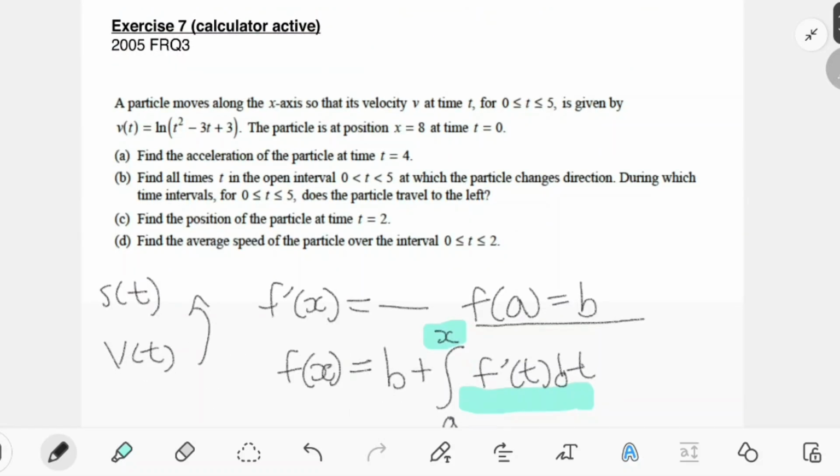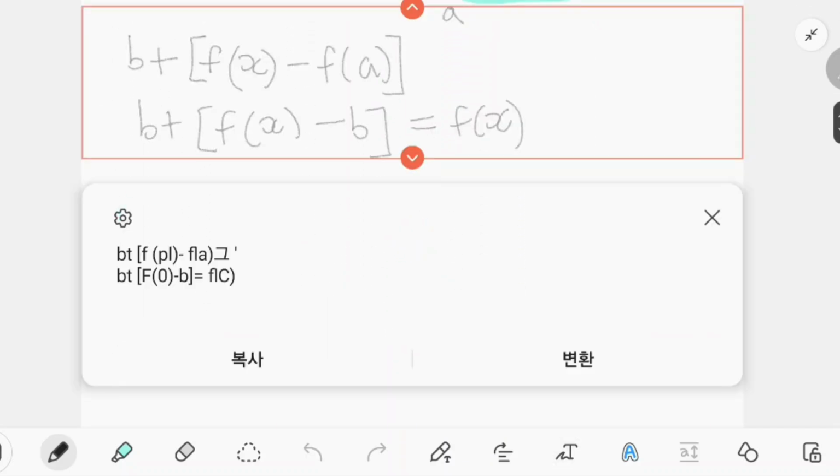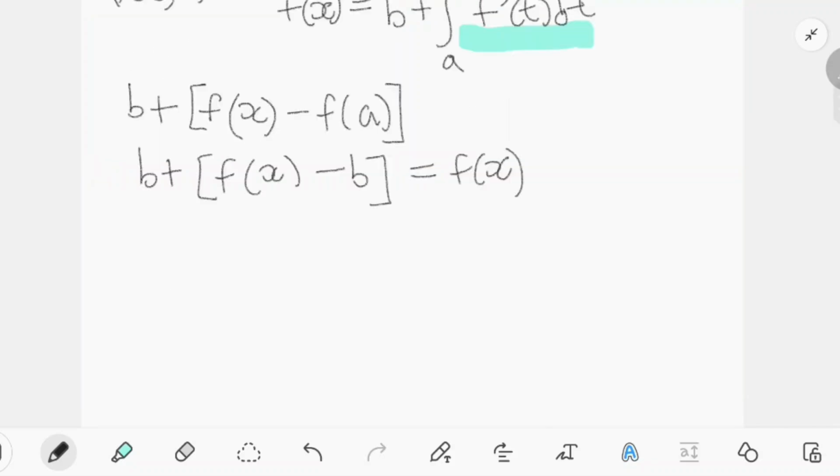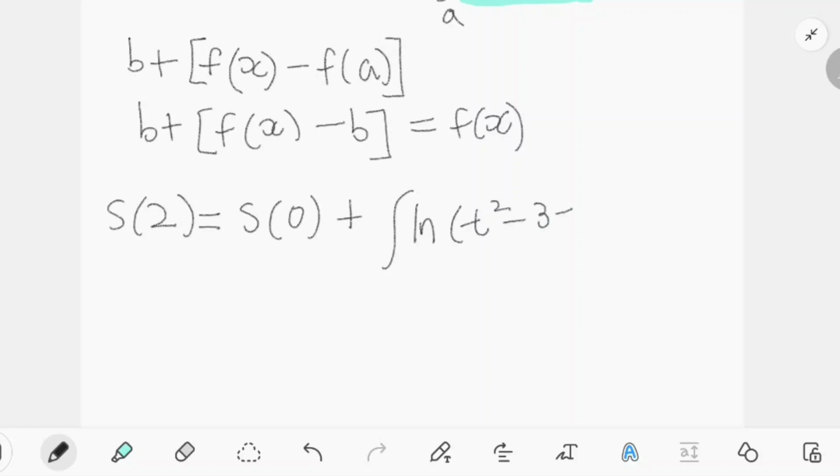We were told in the question that at t equals 0, the position is 8. So applying that to this problem, s of 2 is s of 0 plus the integral of the velocity function from 0 to 2.